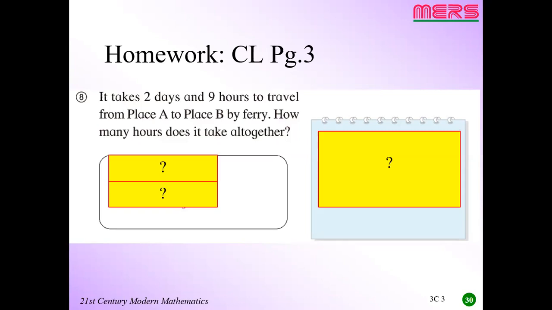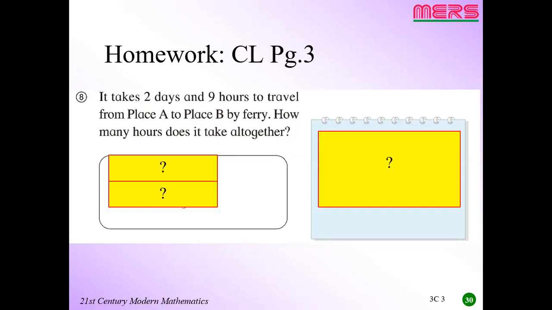It takes 2 days and 9 hours to travel from place A to place B by ferry. How many hours does it take altogether? So for this part, we need to think about the number sentence here. How many hours in one day? The answer will be 24 hours.